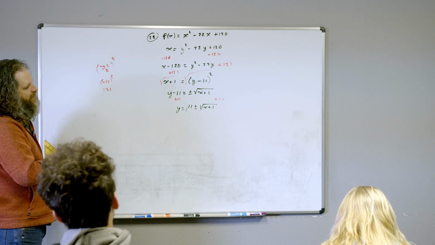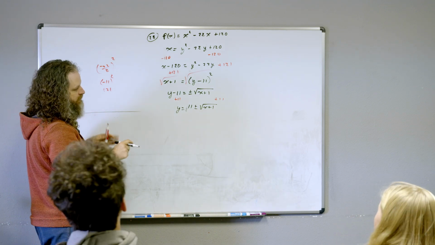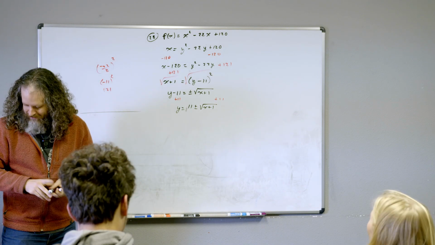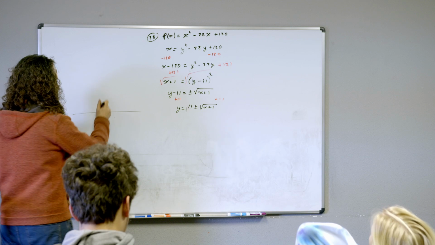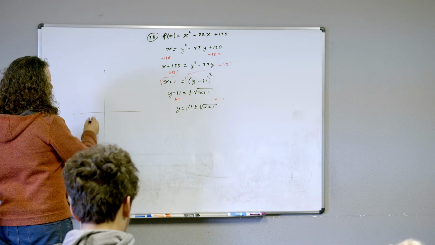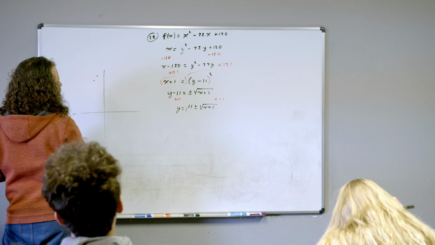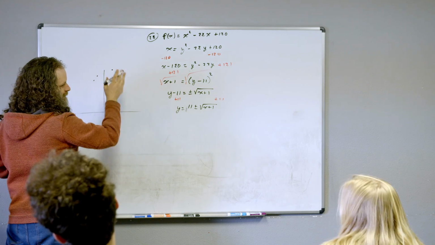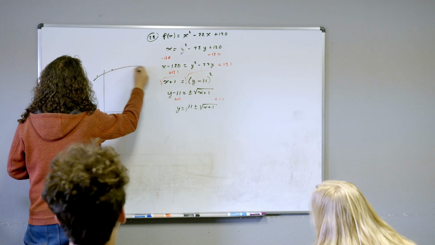And it's like easy money, right? What I mean by that is there's no dilation. There's nothing multiplied times x or times the square root. So it's the same as it always is, just moved over. You go over 1 and up 11, and then you go up 1 over 1, up 2 over 4, and up 3 over 9, just like normal.